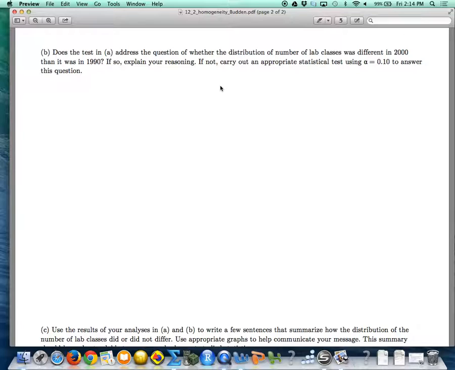Second way that you're going to see it is it's going to be 2 distributions compared between 2 groups of people. So maybe I'm looking at the distribution of grades for females and males in AP statistics. And I want to know if girls have 20% A's, is that the same that 20% of boys have an A? So you're comparing 2 groups of people. What was the first case? 2 years. Second case is 2 groups of people.